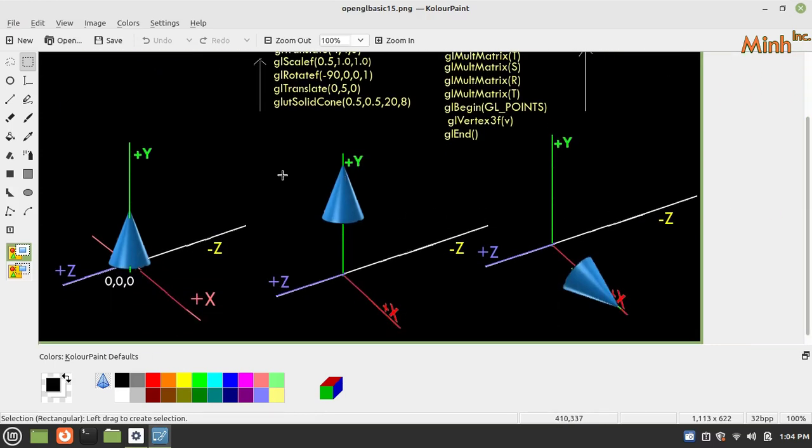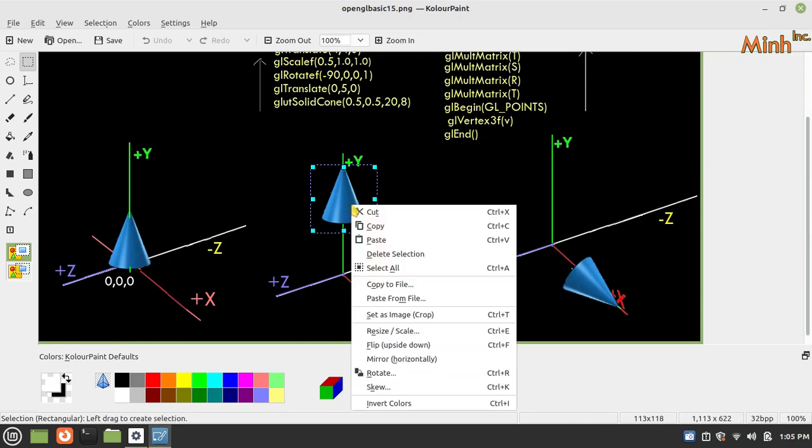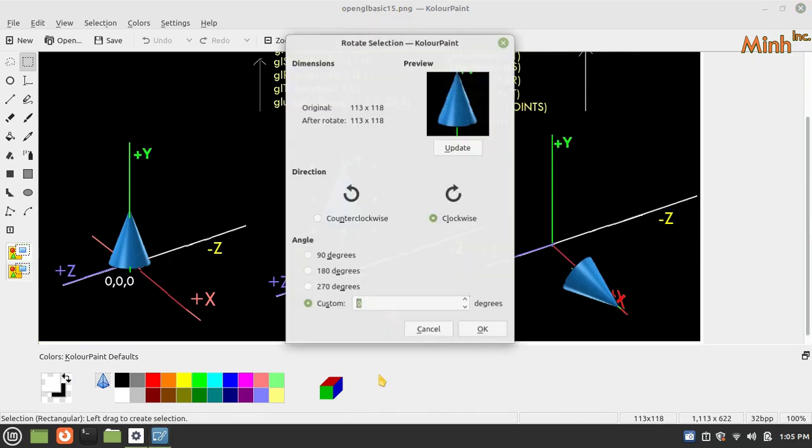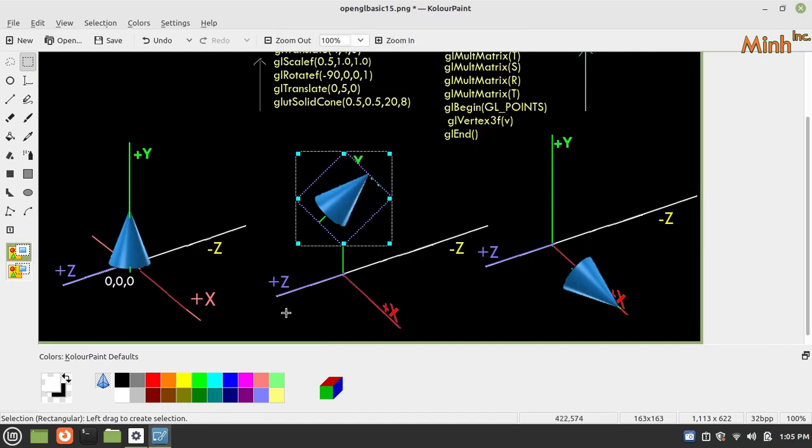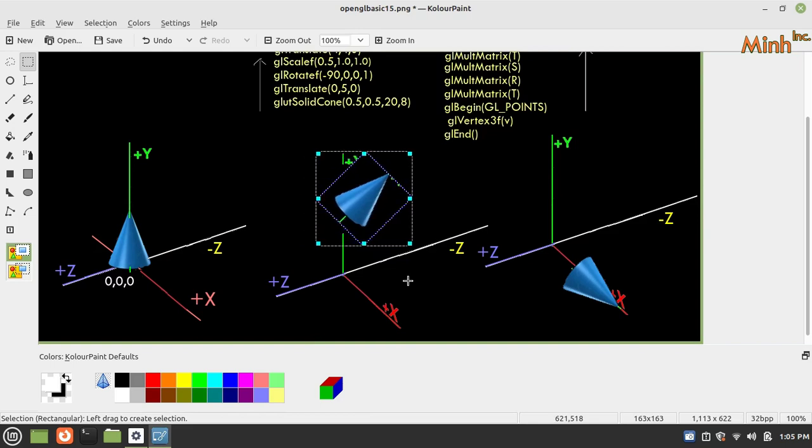I translated here and here I want this to be rotated like this. I can't do this because it would rotate along the axis, not its own axis. We are trying to rotate along its own axis. Okay, so this is not possible in this fashion.